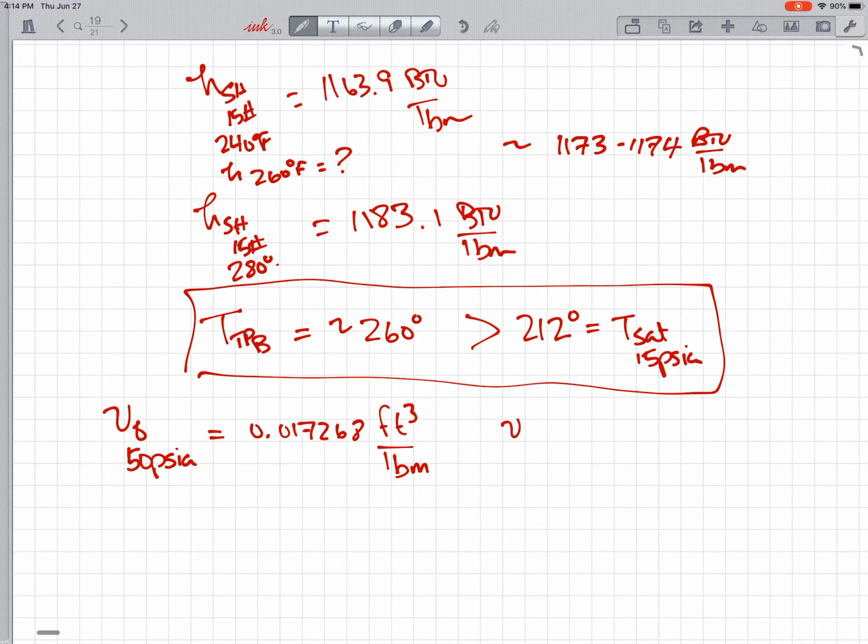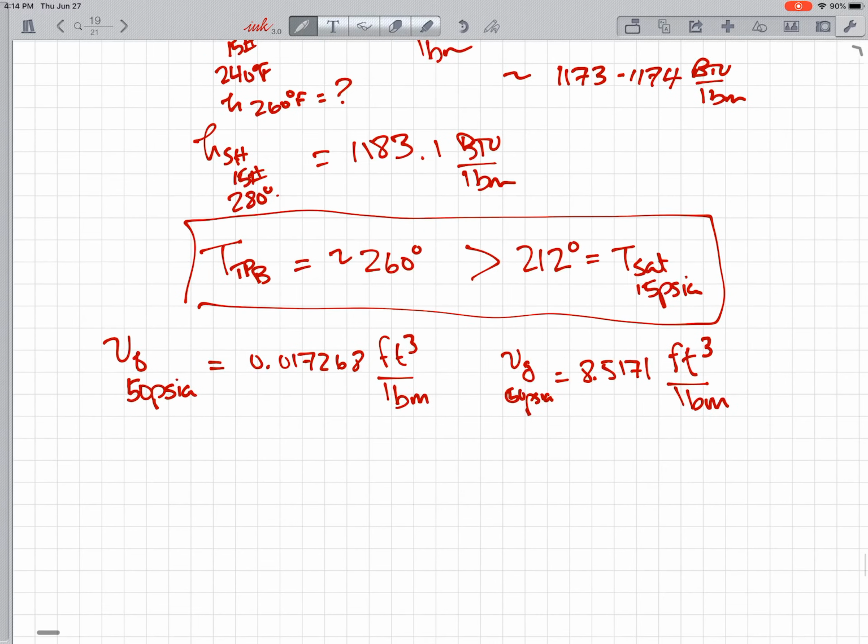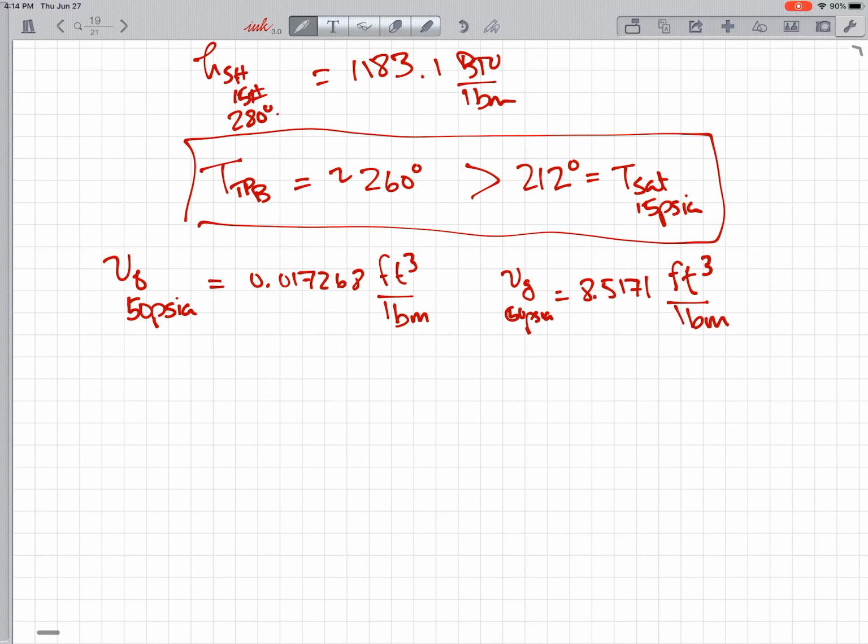Now the specific volume for saturated steam at 50 psia is going to be equal to 8.5171 cubic feet per pound mass. So now we can find the total mass in the tank.